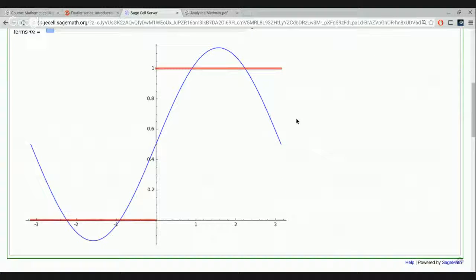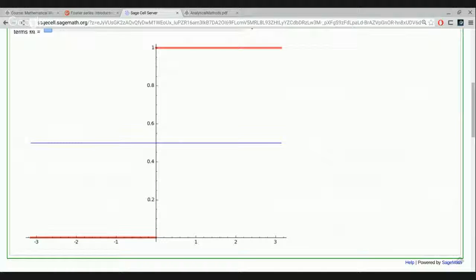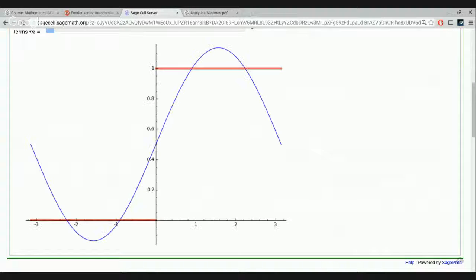So you can see that this sine function does a slightly better job at approximating the red function than the single constant did. The single constant had the average behavior of the function, but now when you introduce one sine function, we're oscillating around the function a bit better. So this is a Fourier series approximation to the square wave function, but only featuring two terms, a single constant and a single sine function.